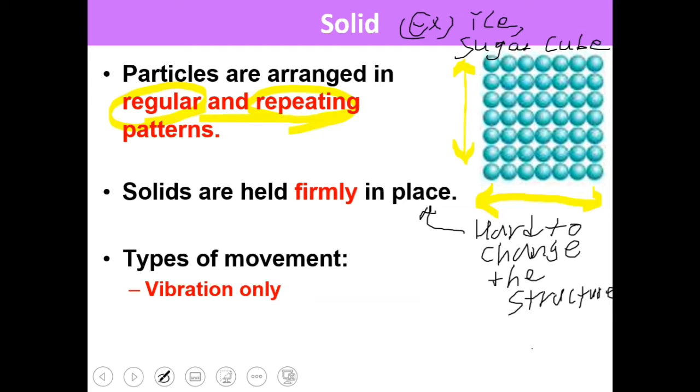What I mean by that is this. Imagine this is a very poor drawing of a table. Think about the table that you're sitting on. So this is a tabletop. Imagine you are hitting the top of the table.